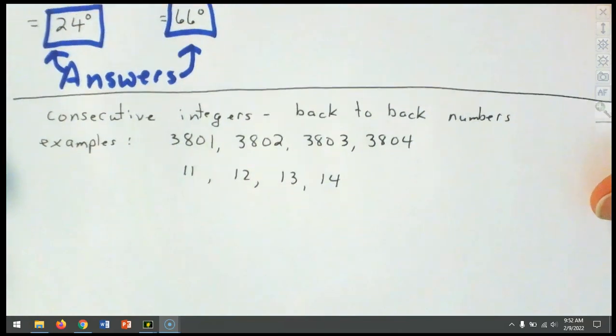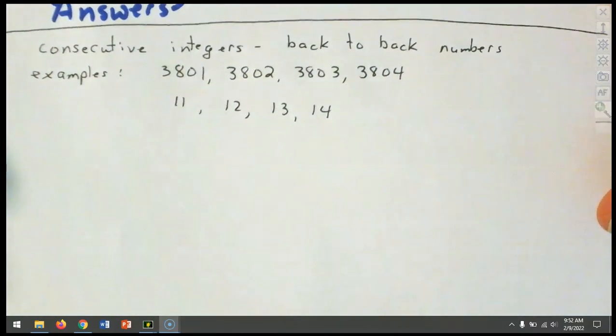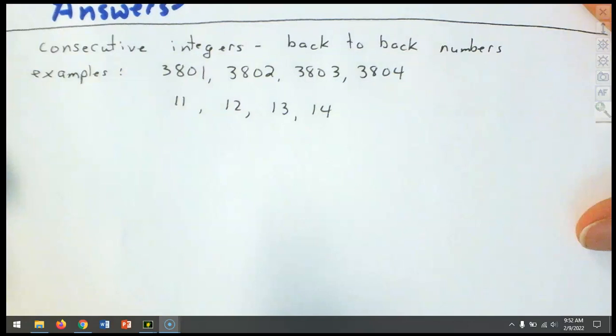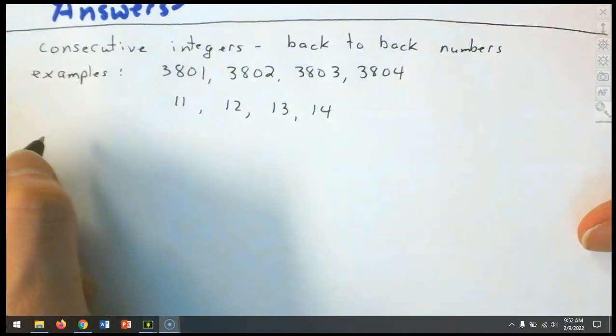They are back-to-back numbers. Now, what we know about the consecutive integers is the gap. The gap between these is always 1. So for consecutive integers, the gap is 1.